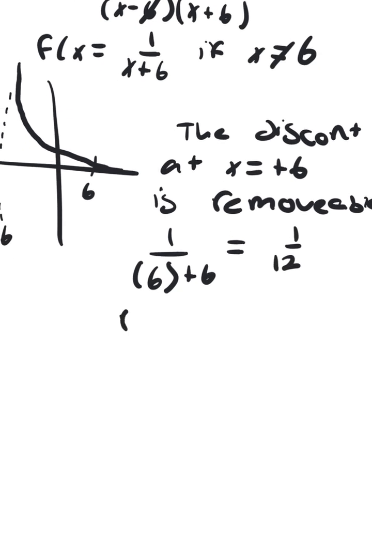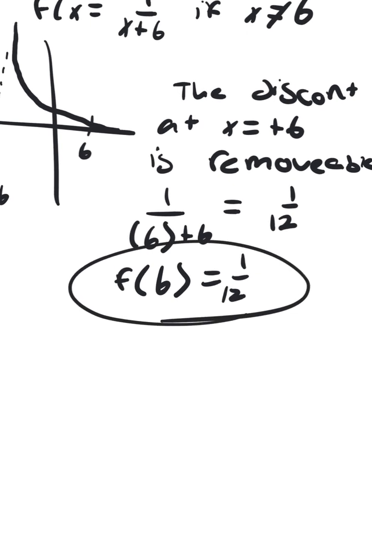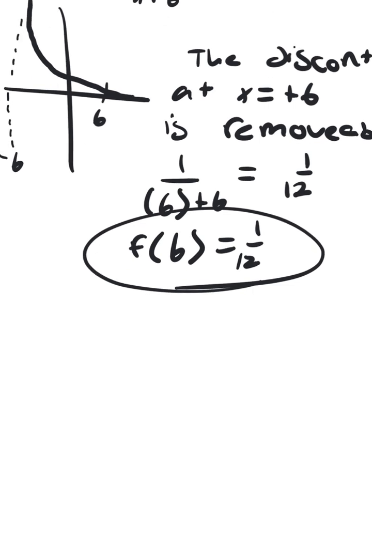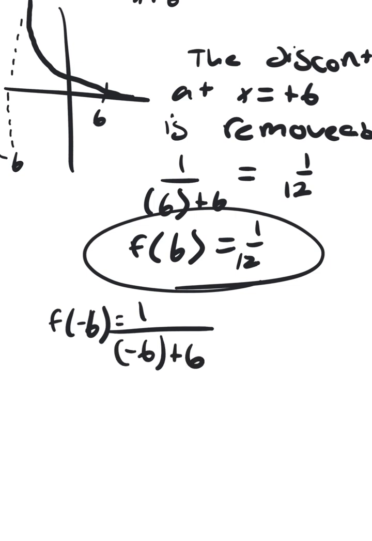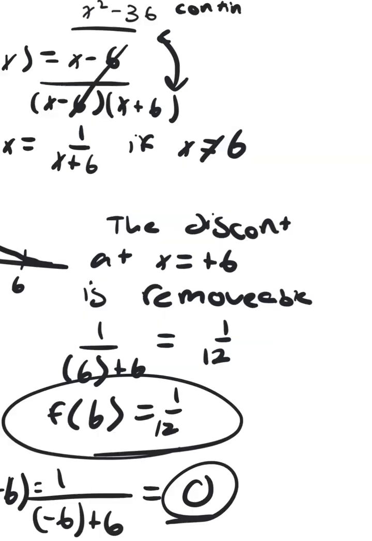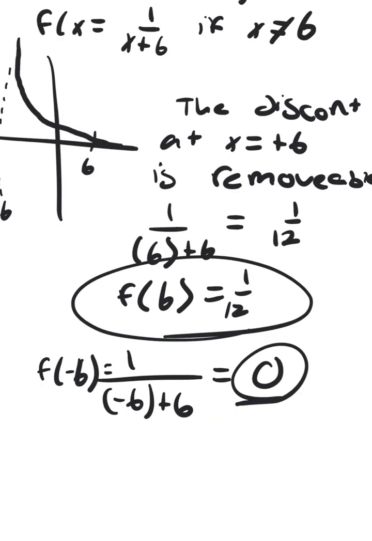So simply assign x to 6, and this is the removable discontinuity, because if you were to plug in -6, we would get 0, which would make this function continuous.